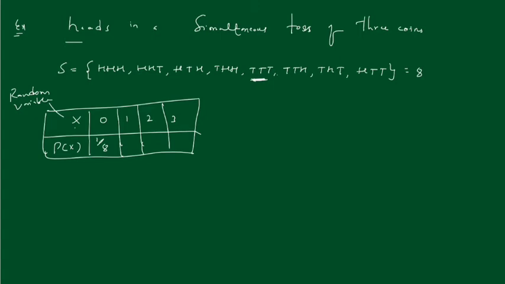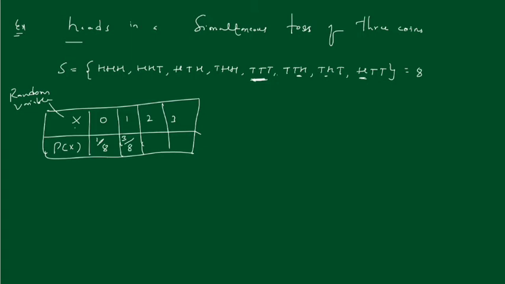Now 1, only one head. There are 3 possibilities, so 3 by 8.